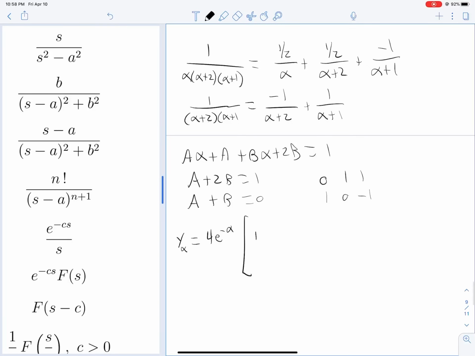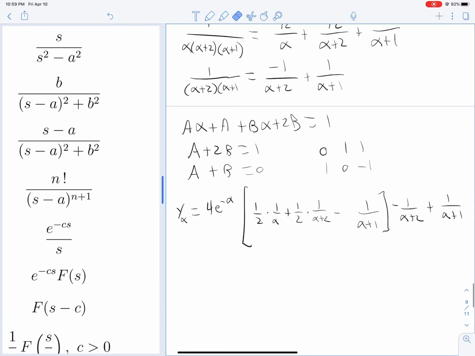That quantity is 1/2 times 1 over alpha plus 1/2 times 1 over alpha plus 2 minus 1 times 1 over alpha plus 1. And then additionally, we have what we just found here, minus 1 over alpha plus 2 plus 1 over alpha plus 1. And okay, we are ready to take the inverse Laplace of all this.